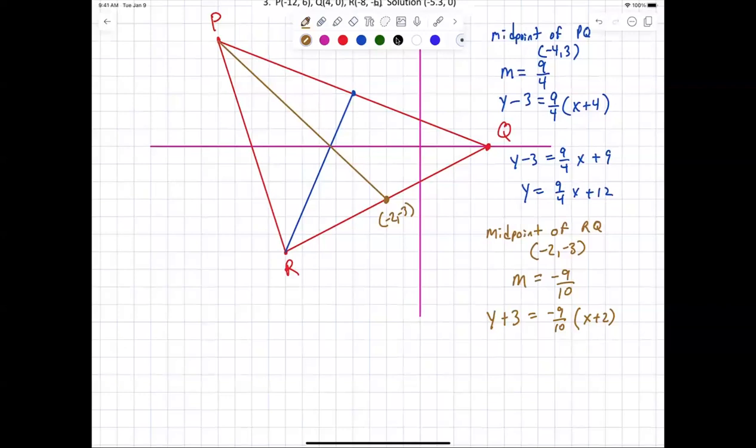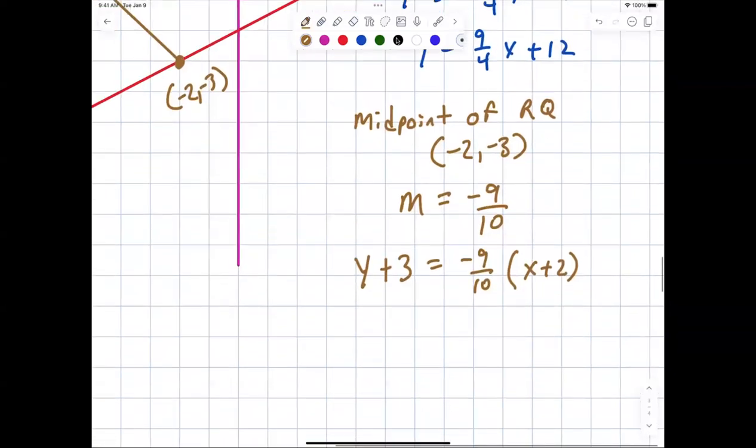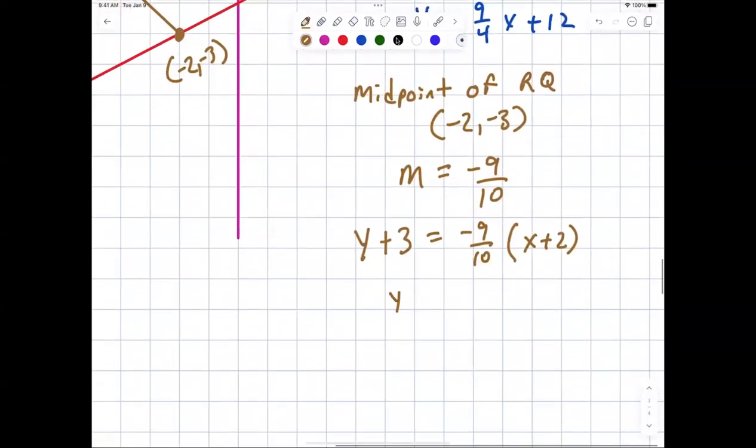Everybody's agreeing? All right, come on now. Solve for y for me. Y plus 3 equals -9/10 x minus what? Thank you, -9/5.